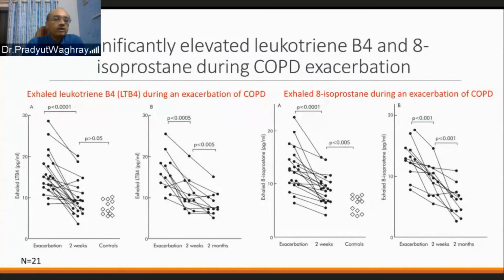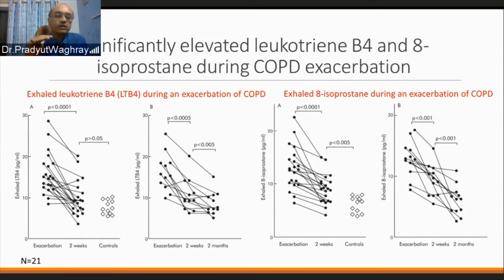It was found that leukotriene B4 is elevated immediately, that is 2 weeks after the exacerbation, which persisted for 2 months after the exacerbation. Similarly, 8-isoprostane level was also found to be elevated in the first 2 weeks, and this elevation of the free radicals persisted for 2 months, suggesting that this free radical damage in COPD exacerbation continues.